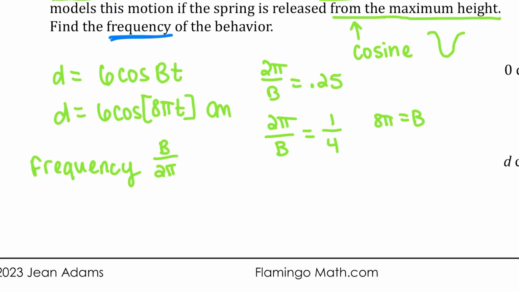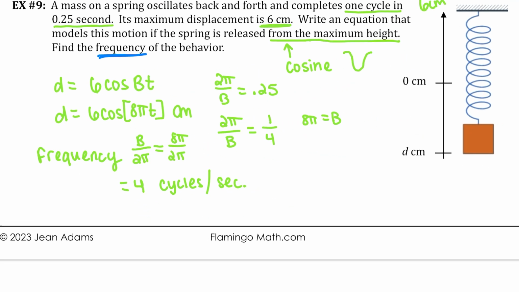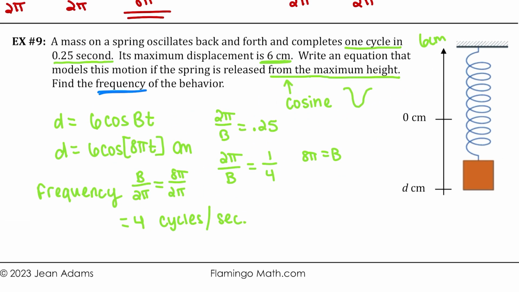But I'll also solve it the math way because we found out that B is 8 pi. So 8 pi over 2 pi is equal to 4. And then in units, that's 4 cycles per second. Whereas the period is displaying 1 cycle's time length.